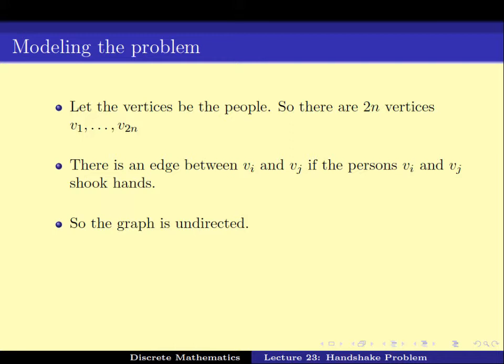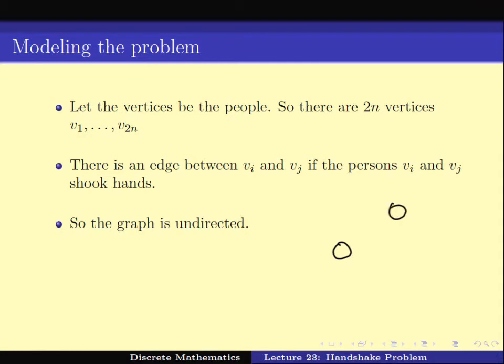And now in the problem, we had a condition that if A and B shake hands and B and C shake hands, then A and C do not shake hands. What does it mean? If you think of it, if I have a vertex A, vertex B and vertex C, if A and B shake hands and B and C shake hands, then this edge A to C should not be there.